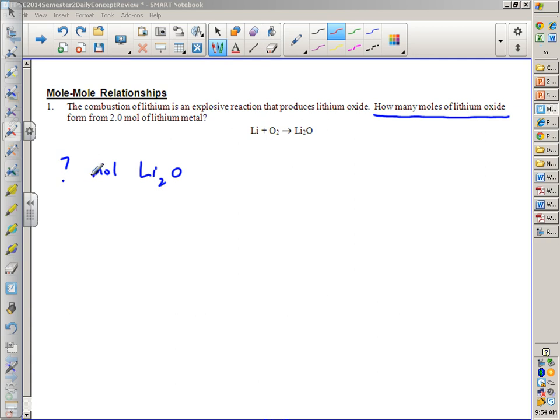Do we know how much lithium we're starting with? Okay, so we know that this is what we're starting with, right? That's a piece of information that was given to us in this problem, something to help us get to the end. So that's one thing we know.